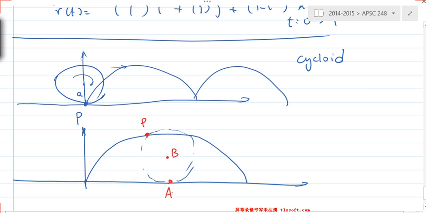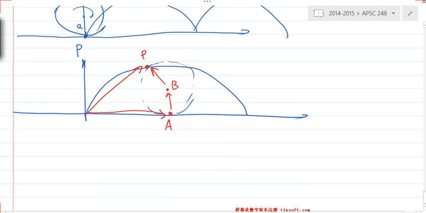Then we can construct this using the vector concept. I'll create vectors from here to here, from here to here, and here to here, so we close the loop like this. You're looking for the parametric equation, which describes the motion of point P. Basically, the point P has x of t and y of t.